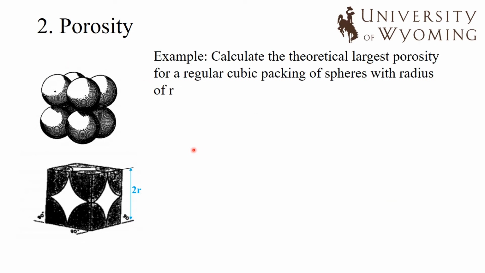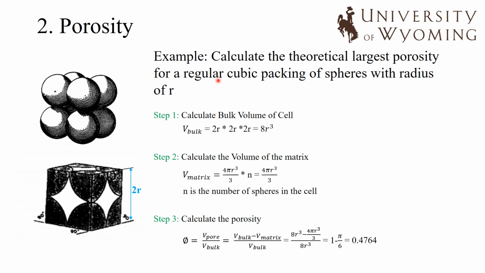Generally, there is a theoretical maximum porosity that no material, or no rock, can exceed, which is 47%, or 47.64%.